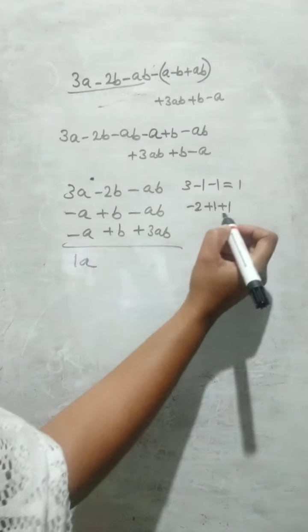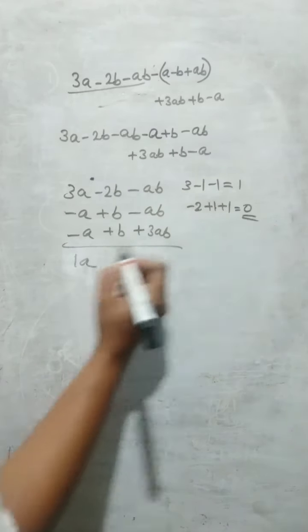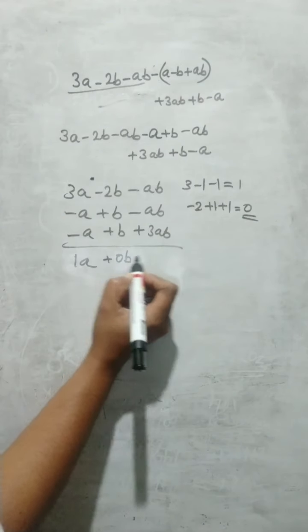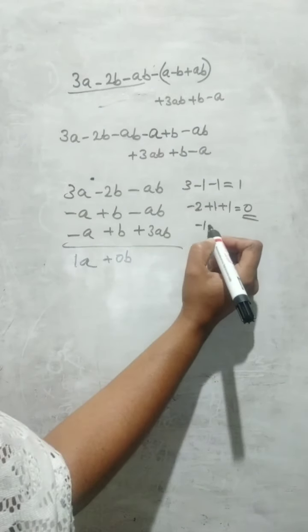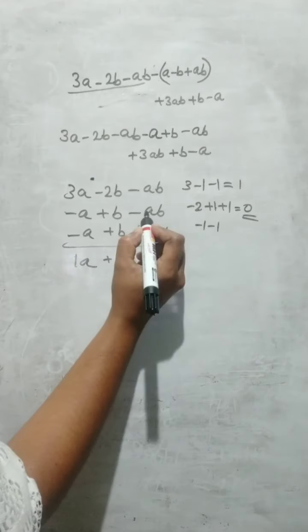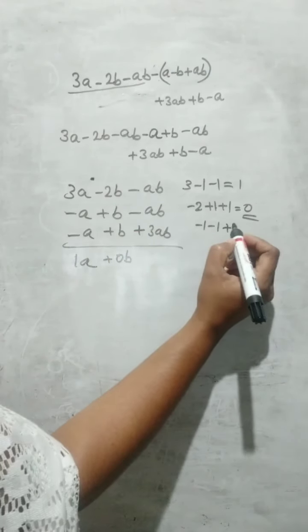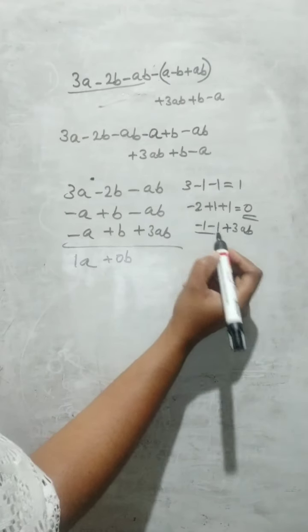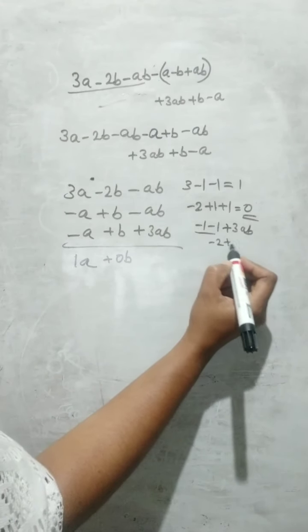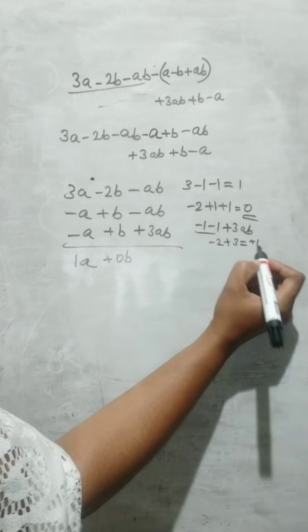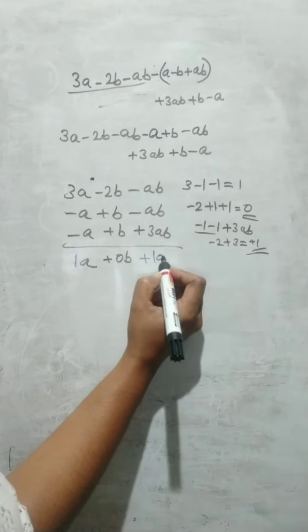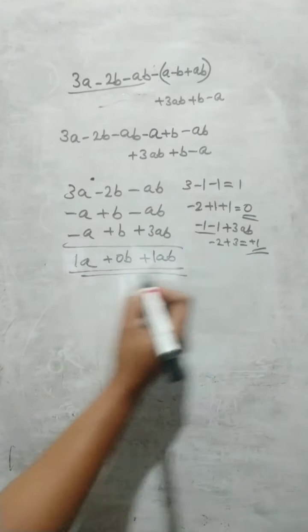Minus 1 plus 1 is 0. That will be plus 0b. Then minus 1 minus 1, again minus 1ab. Here minus 1ab, then plus 3ab. Here minus 1 is minus 2. Minus 2 plus 3 is positive 1. So positive 1ab.